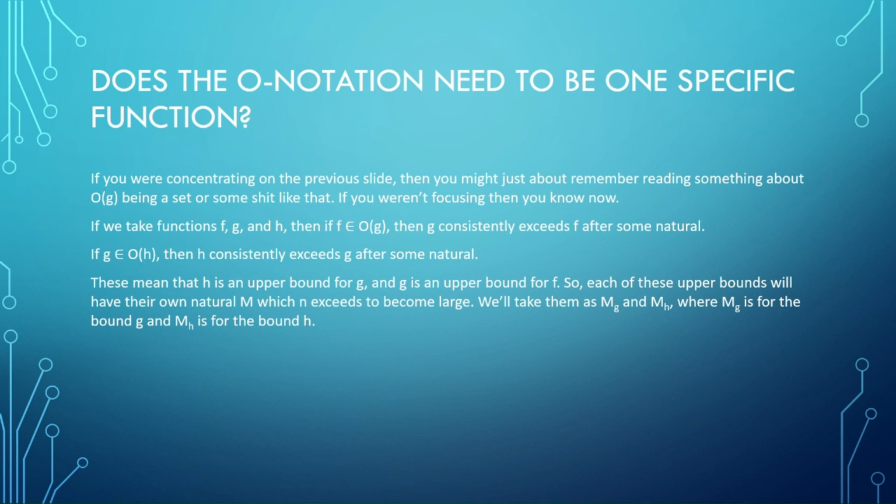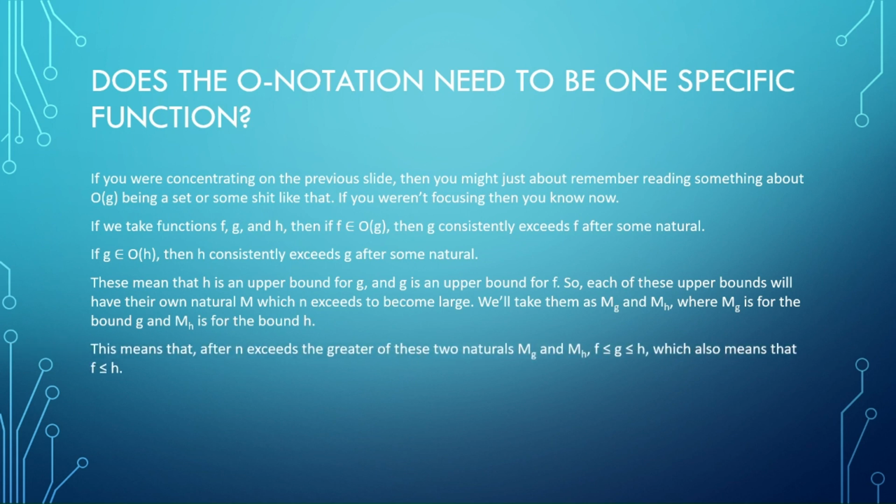So we can take them as, let's say, mg and mh. Let's say mg is for the bound g, and mh is for the bound h. So we can say if f is of order g, then n must exceed mg, and if g is of order h, then we can say n must exceed mh, for example. That's just how we can use them.